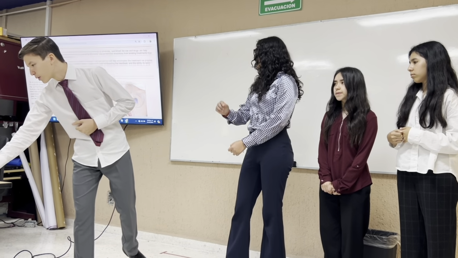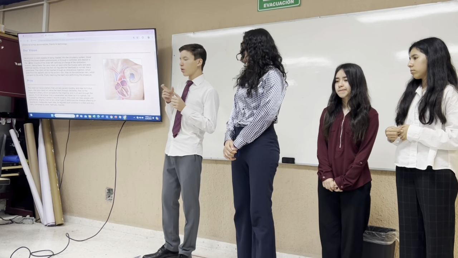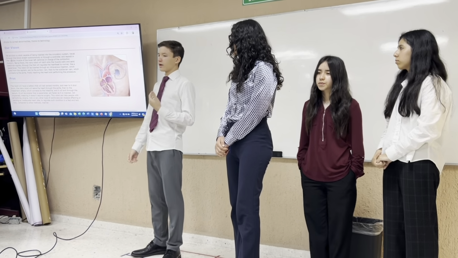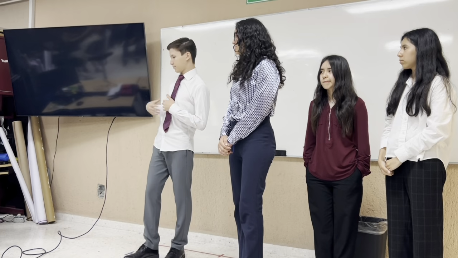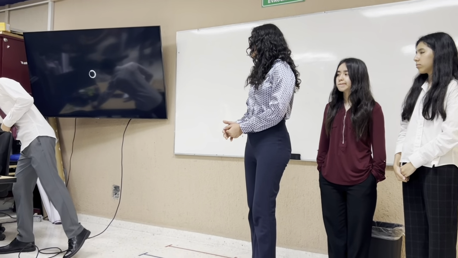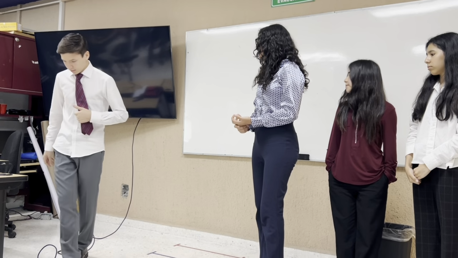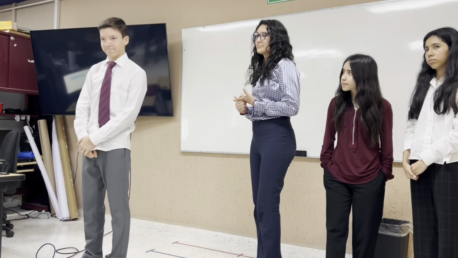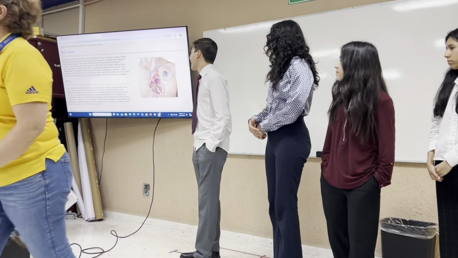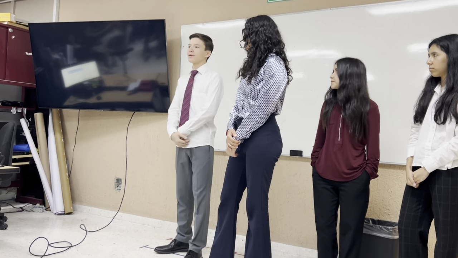And our vision, what we would like to be able to create, is a tiny robot that would be injected intravenously. It will travel through the veins and into the heart.